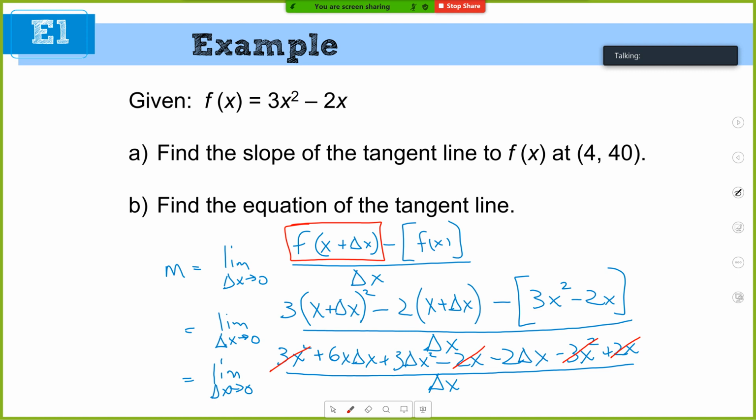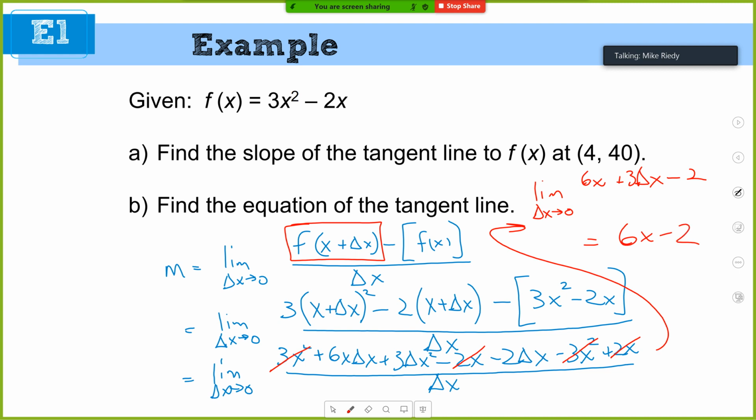If I factor out a delta x out of all of this and bring this up here, I get the limit as delta x approaches 0 of 6x plus 3 delta x minus 2. Oh, and the delta x would have gone away, so this goes away. Which gives me a limit then of 6x minus 2.